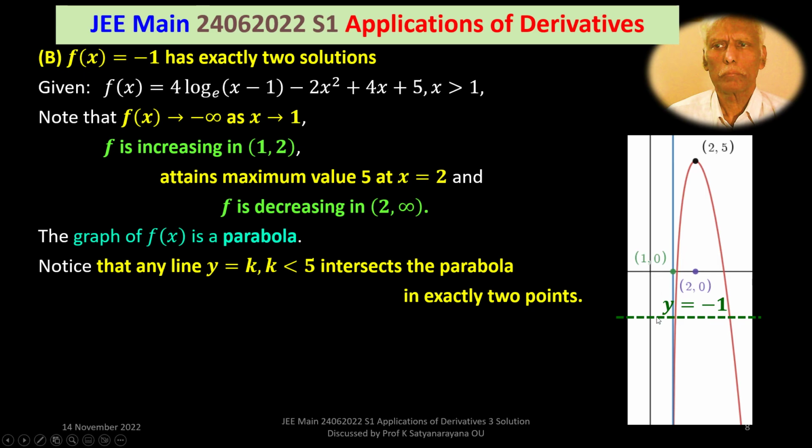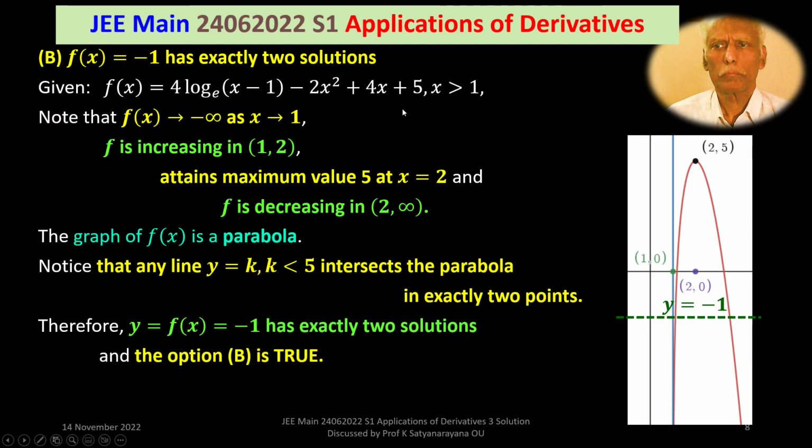You can see here. So therefore, y is equal to minus 1 has exactly 2 solutions. So therefore, our option B is also true. So in this, A, B, D are true and option C is false.